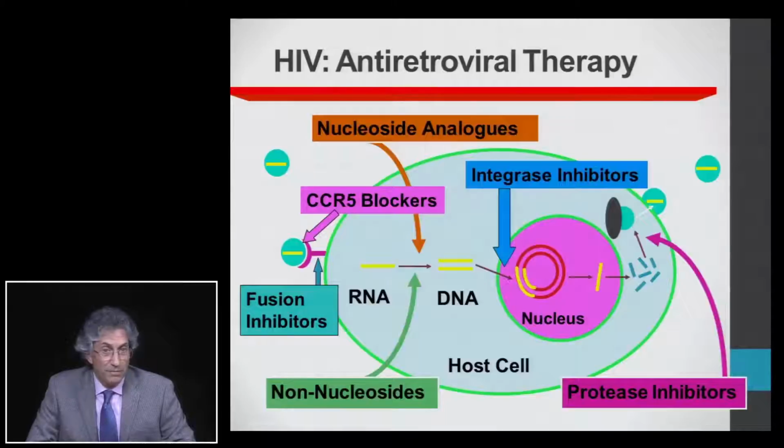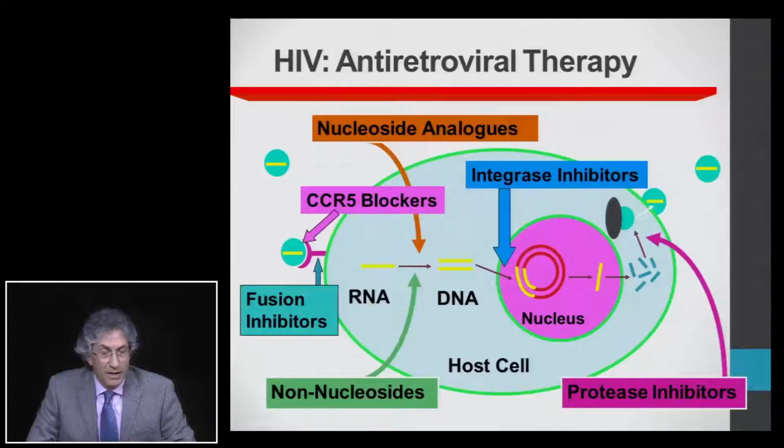And we have a series of most modern drugs called integrase strand transfer inhibitors that block that step. Without that integration of double-stranded DNA into the host cell genome, there is no long-term infection of host cells, and the virus cannot replicate.